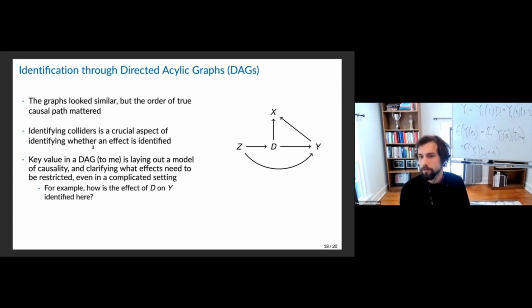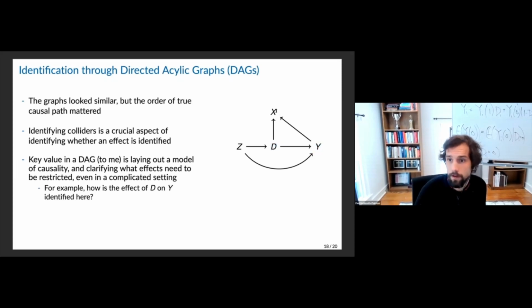So for example, how is the effect of D on Y identified here? Or is it identified? So we take a look at this for a second. So we have four variables for now, right? So what we could do is we say, all right, well, there's a direct path of D on Y. We'll just do this here and then we'll go up to the board.